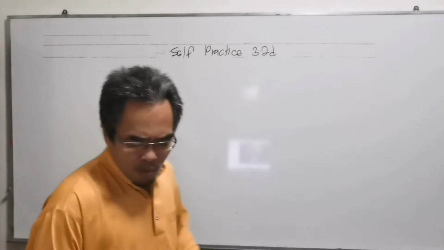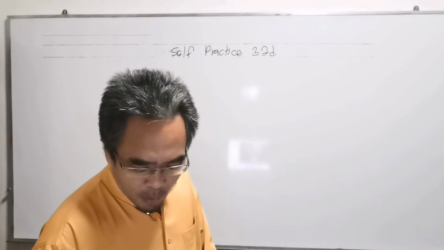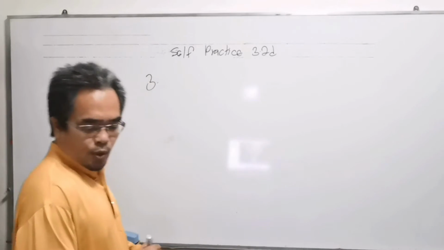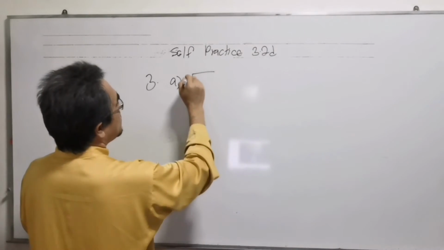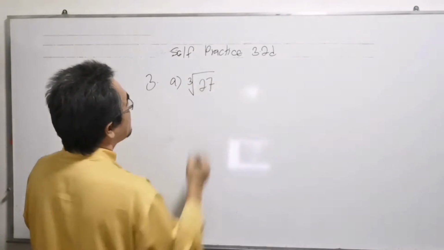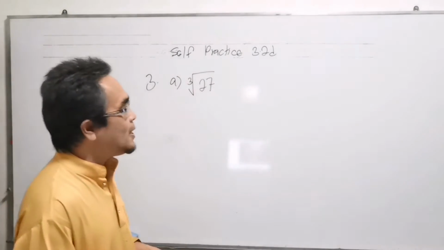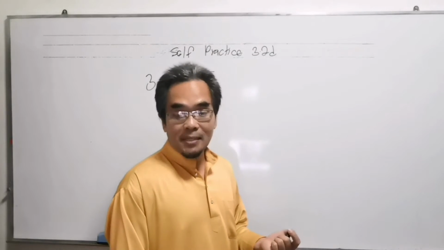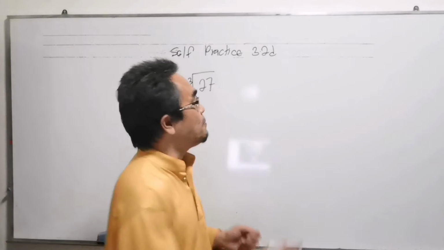Okay. Now, question number 3. Find the value of each of the following without using a calculator. So, A is the cube root of 27. Whenever you are asked to find the cube root of a number without using a calculator, first you have to multiply a number by itself 3 times.